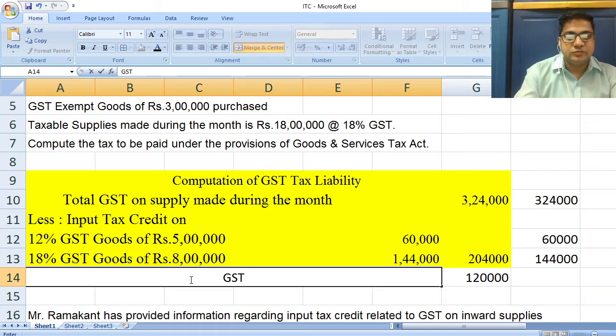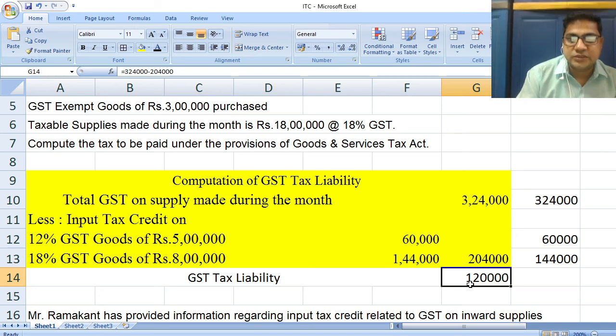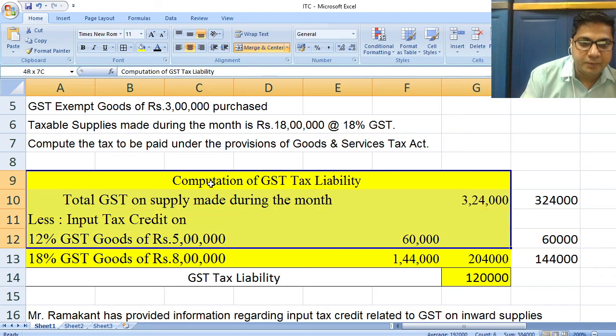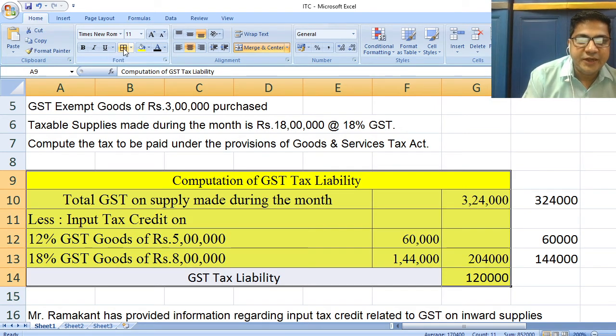GST tax liability amount is rupees 1,20,000. Now I hope you understood this problem, how to compute input tax credit and how to determine GST liability.